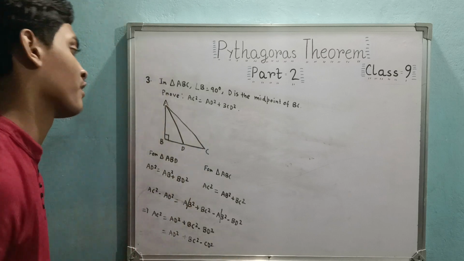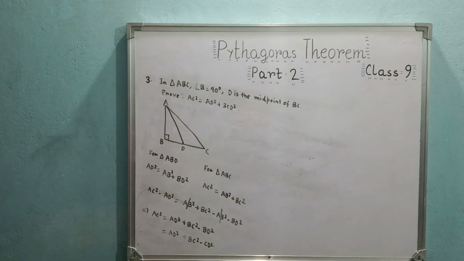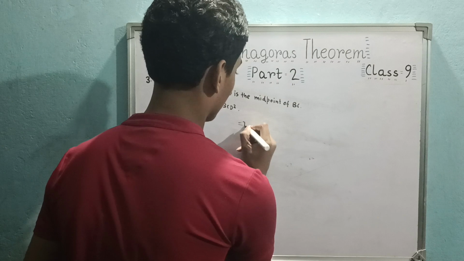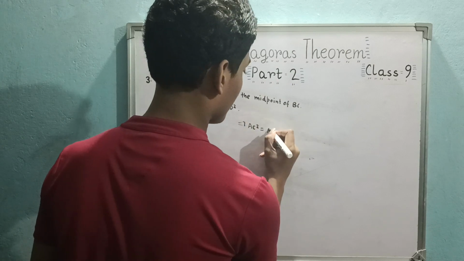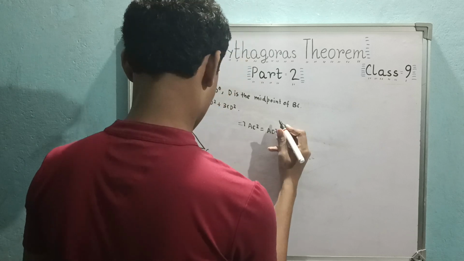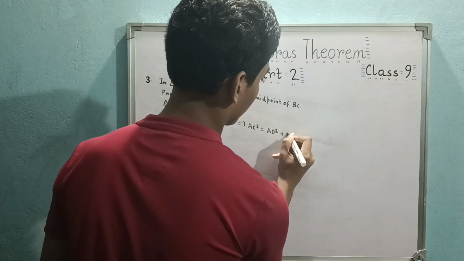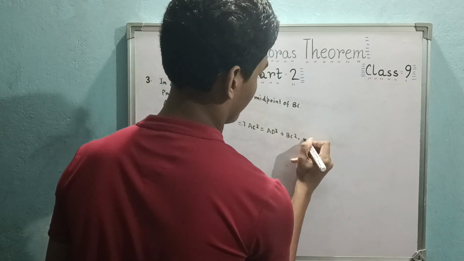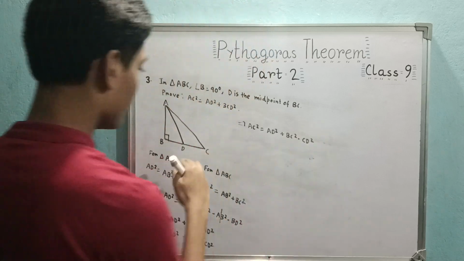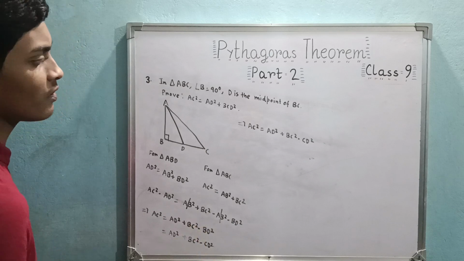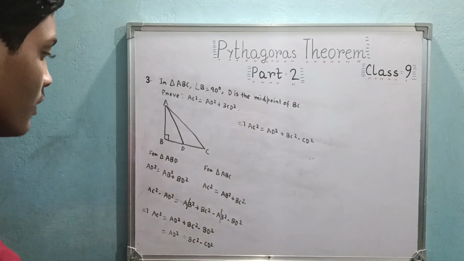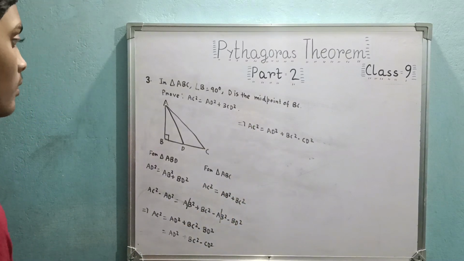Why I did it, you will understand. Let me write it here, or AC square equal to AD square plus BC square minus CD square. You understood that? BC's midpoint is D, that means BD equal to CD. I just wrote CD instead of BD for a purpose.